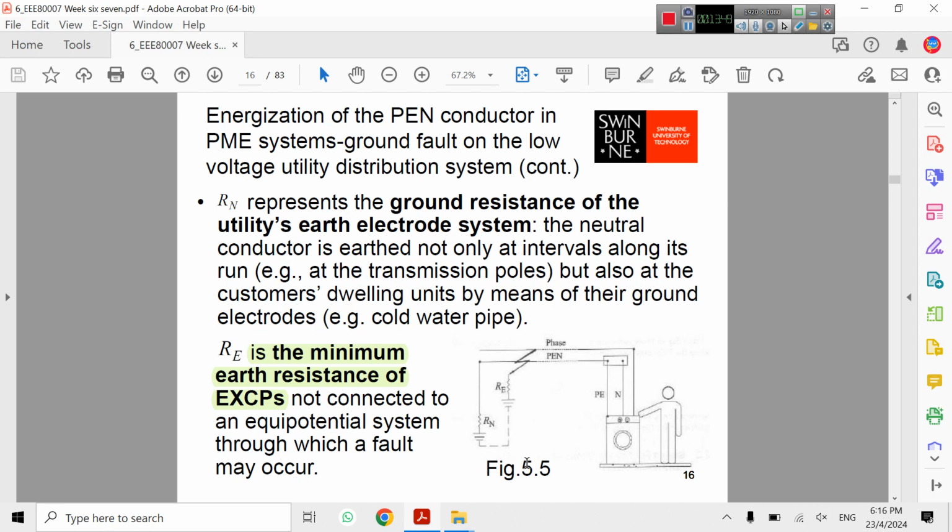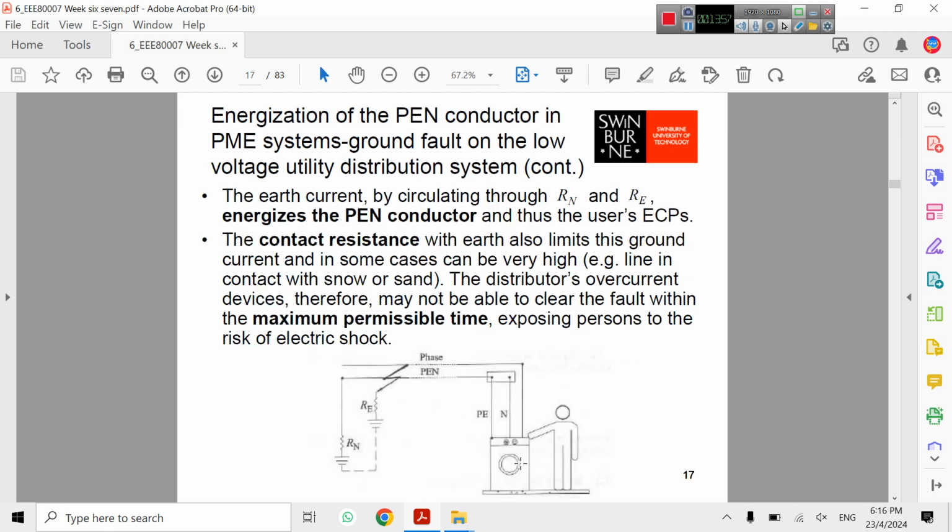RE is the minimum earth resistance of the EXCP not connected to an equipotential system through which a fault may occur. The earth current, by circulating through Rn and Re, energizes the PEN conductor, and thus the user's ECP again becomes energized.